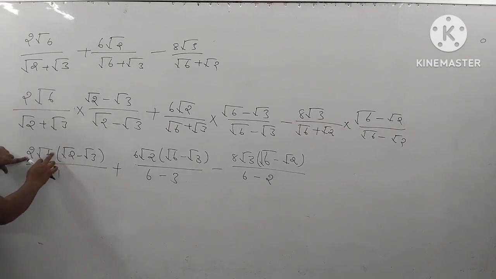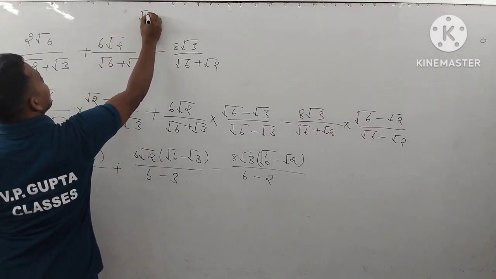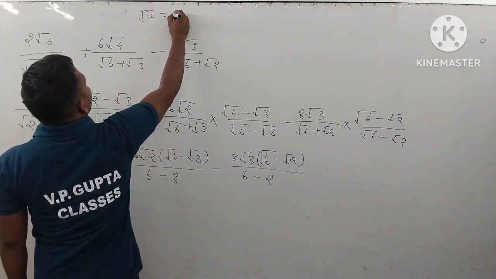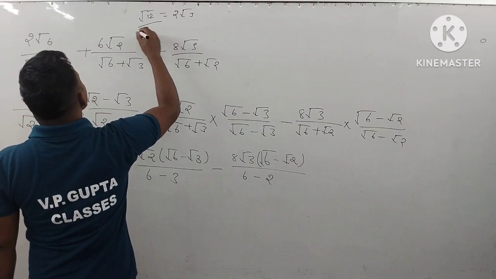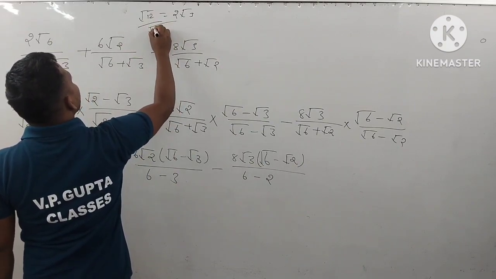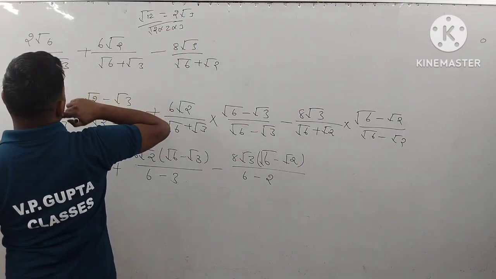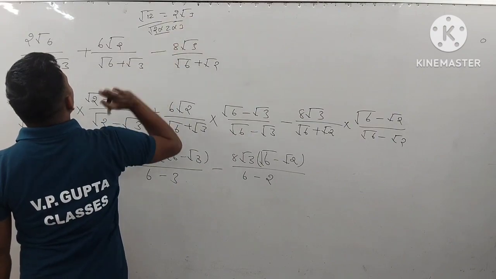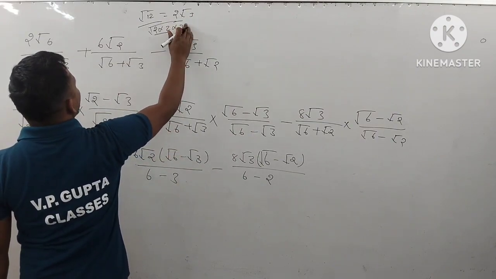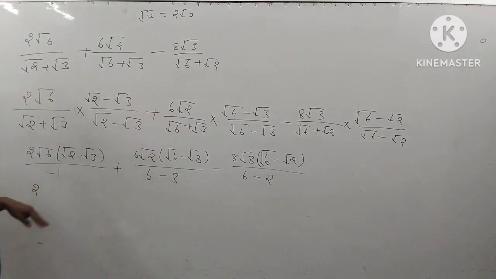2 ones are 2, and root 6 into root 2 is equal to root 12, and you can write root 12 as 2 to the 4, 3, that is 2 times 2 times 3, which is 12. 2 comes out of the root and root 3 is left. So root 12 is written as 2 root 3.